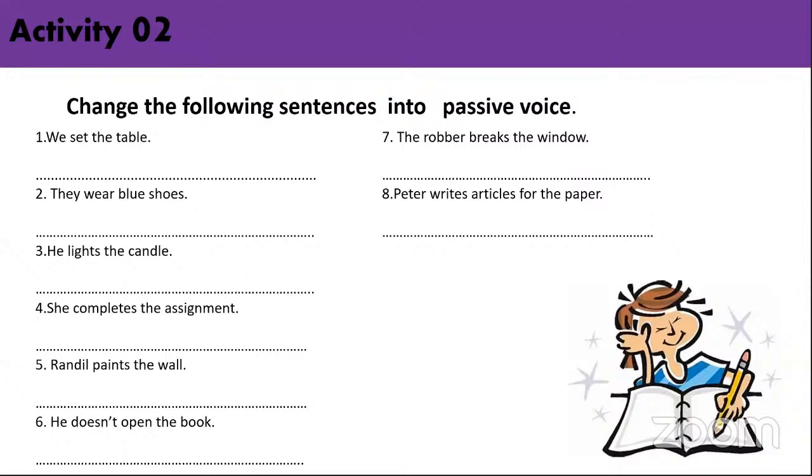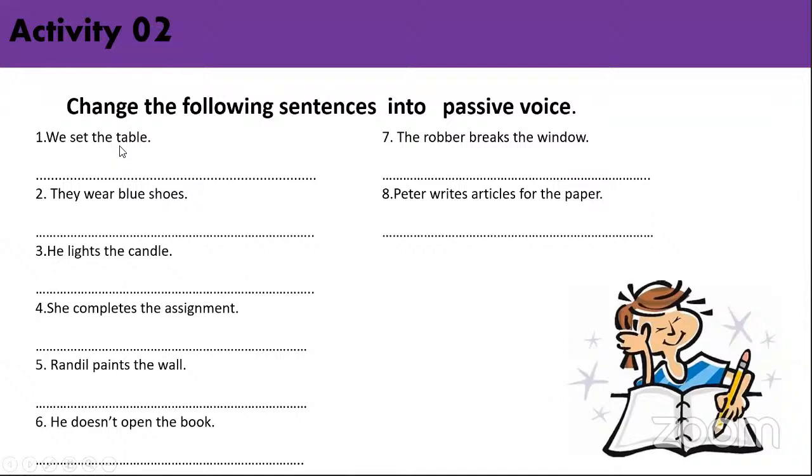Okay, children, shall we discuss? First one. Then you know what is the object here? The table. You take it to the subject position, then decide what is the verb, set. Then the new subject is the table. It is singular.